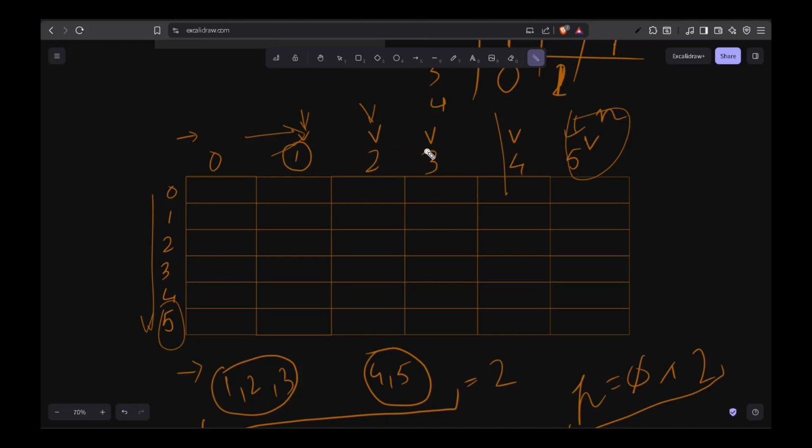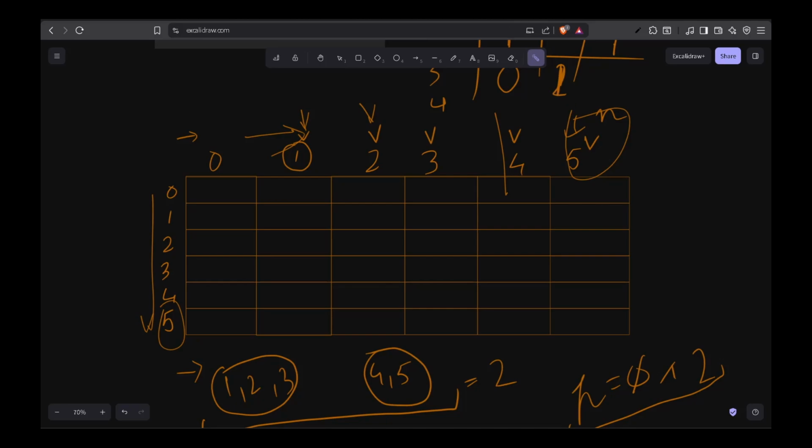Now the connected cities can be only within these numbers. So if there are n cities and the value of n is 5, the cities will be 1 to 5, right? So a city 6 cannot be there, or city 10 cannot be there. So the city value will also be within n.